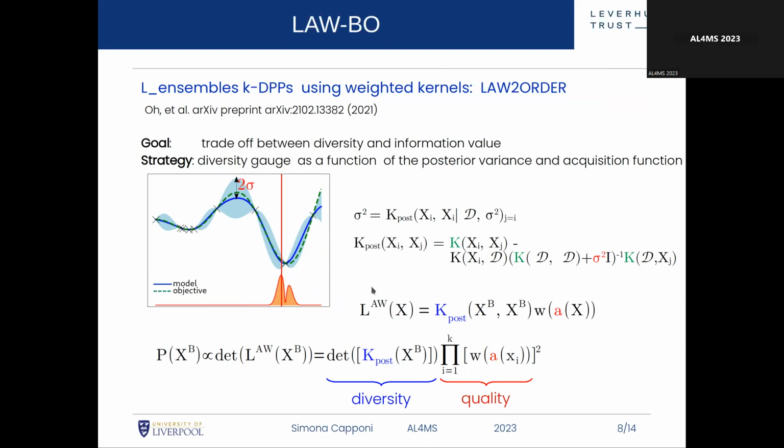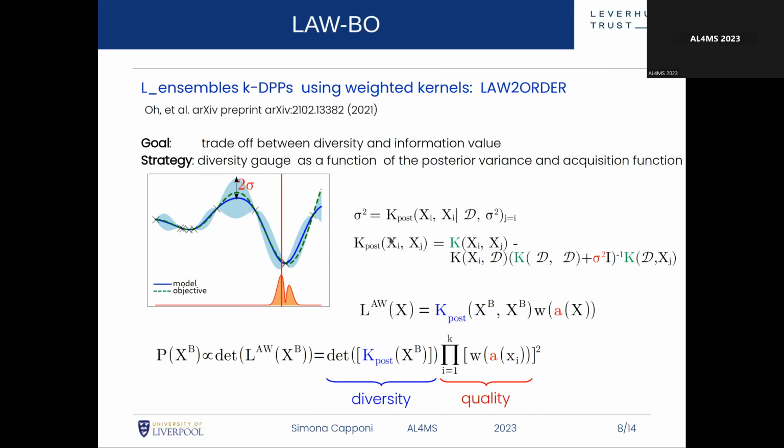So what the authors in this paper propose is, okay, it's already been proved that if we use the posterior covariance of the Gaussian processes, it's a valid diversity gauge for determinantal point process. But the point is that if we use only the posterior variance here, then we just maximize the diversity. We don't care about quality.